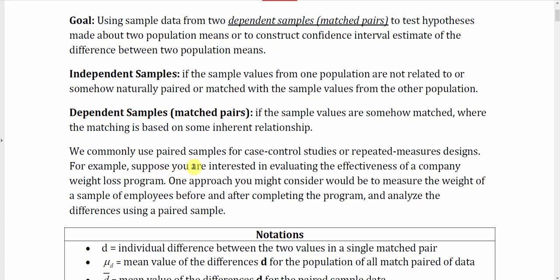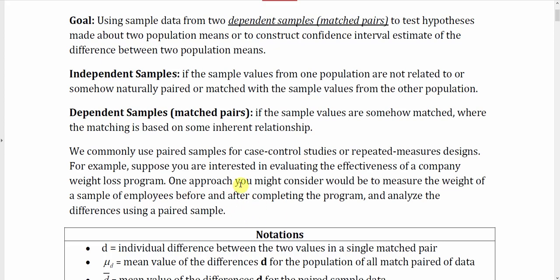For example, suppose you are interested in evaluating the effectiveness of a company's weight loss program. One approach you may consider would be to measure the weight of a sample of the employees before and then after the program completes.